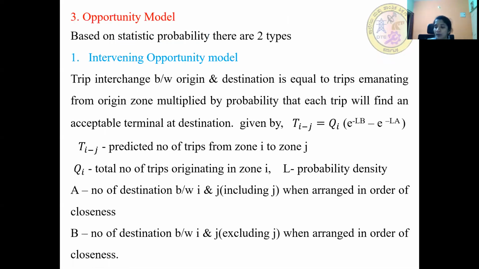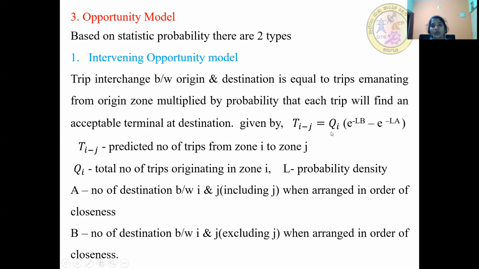In the intervening opportunity model, trip interchange between origin and destination is equal to trips emanating from the origin zone multiplied by the probability that each trip will find an acceptable terminal at the station.